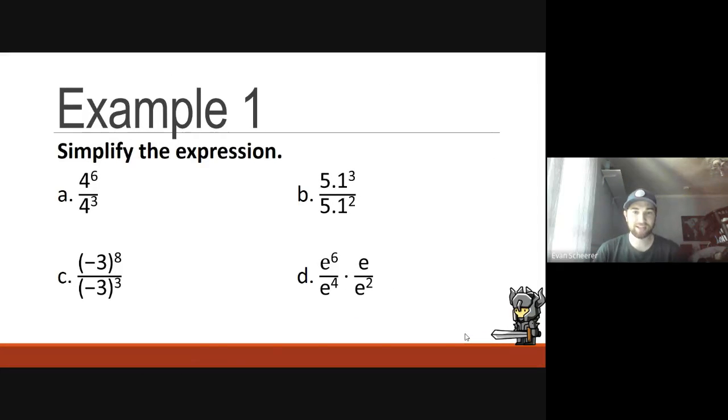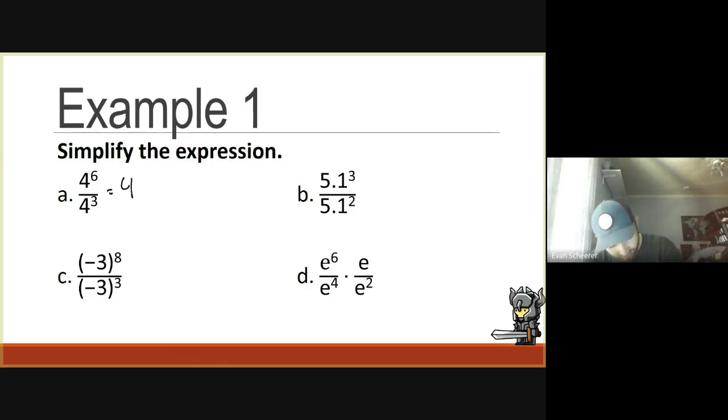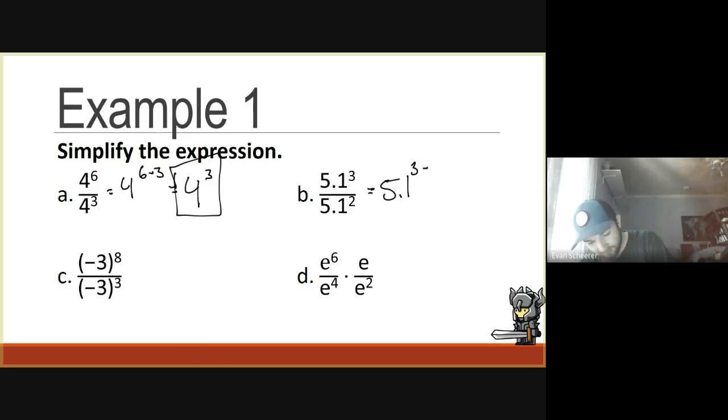So simplify the expression, right? Here, 4 to the 6th divided by 4 to the 3rd is going to equal 4 to the 6 minus 3, which is just 4 to the 3rd power. Done. Crazy easy, right? Next, 5.1 to the 3 minus 2.